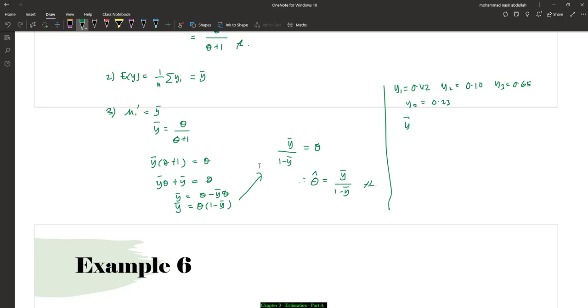So y bar should be equal to 0.42 plus 0.10 plus 0.65 plus 0.23 divided by 4. So this one should be equal to 0.35. So theta hat should be equal to 0.35 divided by 1 minus 0.35. So this one should be equal to 0.54. So this is the point estimate, and this is a point estimator for theta.